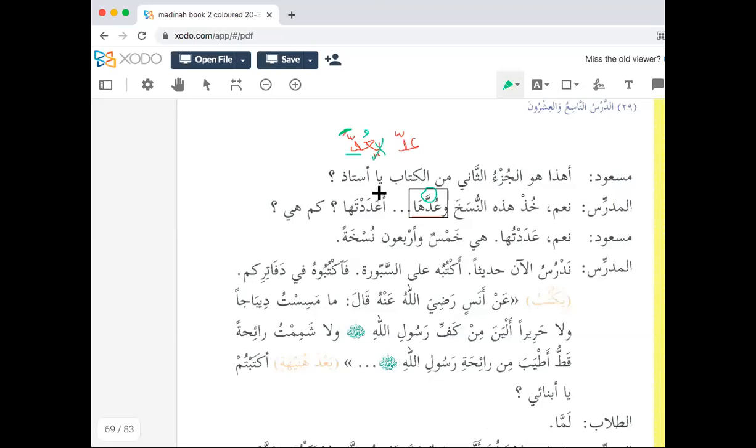Then he said, a'dadtaha, which is the question. Because of the damir joining at the end, the two dals separated, and it became a'dadtaha. The A is for the question, alamatul hamzatul istifham, and the verb is adda.